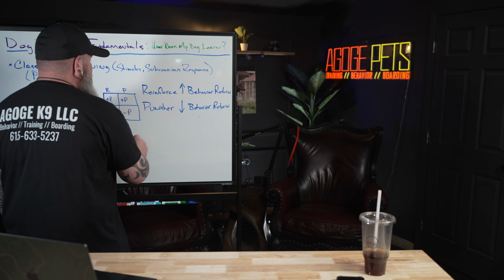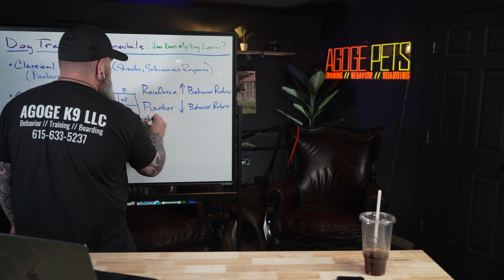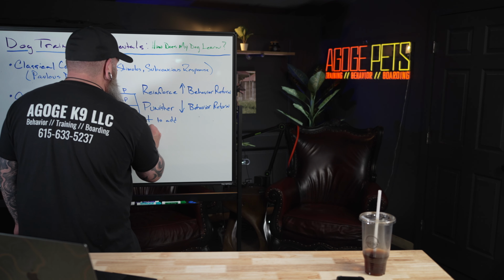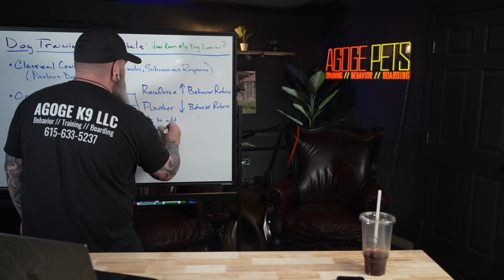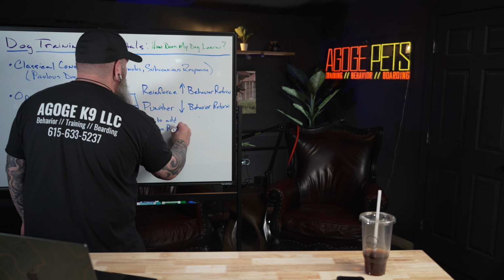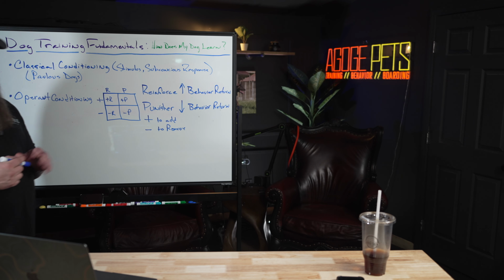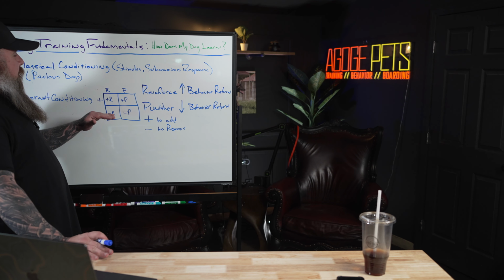And then the simple definition: plus means to add, minus means to remove. This should help clear up a lot of things for people who have looked at this before and didn't really know what it meant.